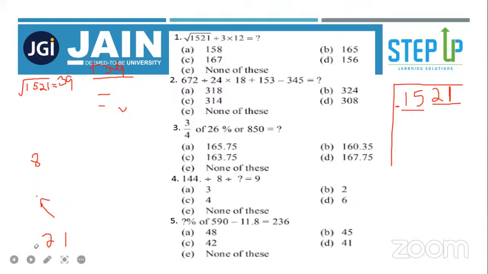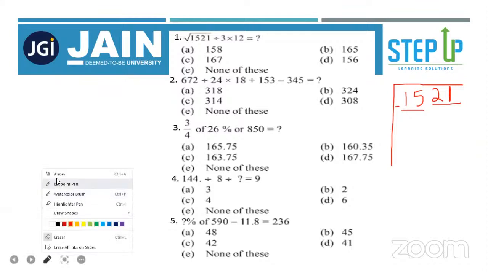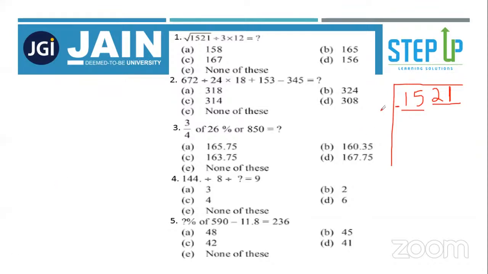9. So what makes 9? What are the 2 numbers to multiply to get 9? 3. So I'm writing over here 3 and 3. Yes. So 3 times 3 is 9.